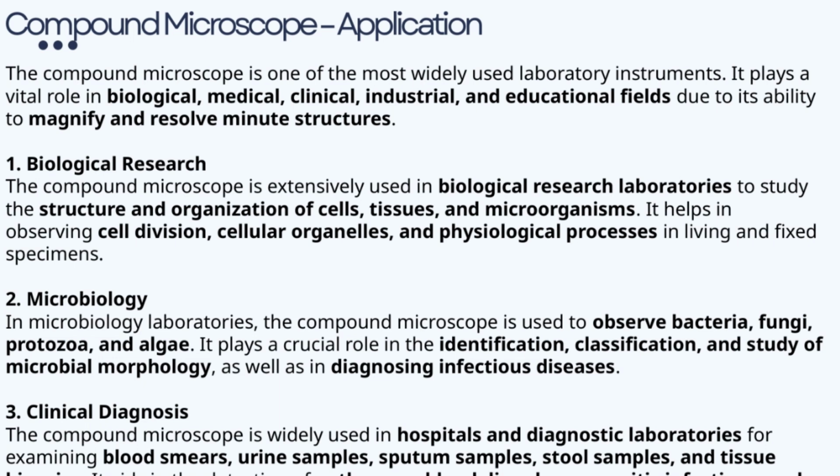In microbiology laboratories, the compound microscope becomes even more critical. It enables us to observe bacteria, fungi, protozoa, and algae, helping us identify and classify these microorganisms. This is vital for understanding microbial morphology and is also crucial for diagnosing infectious diseases accurately.